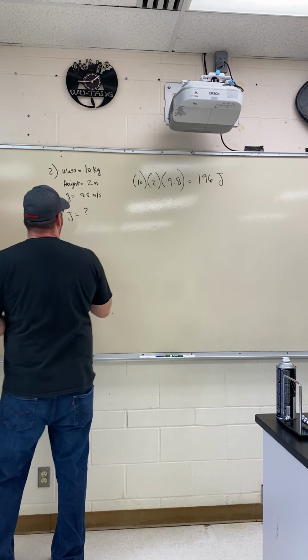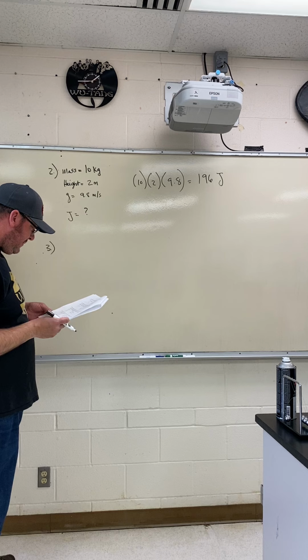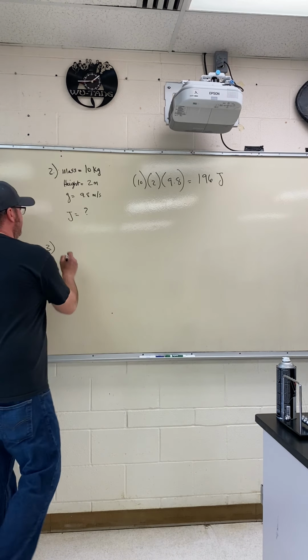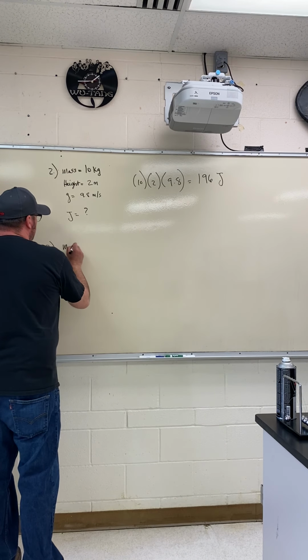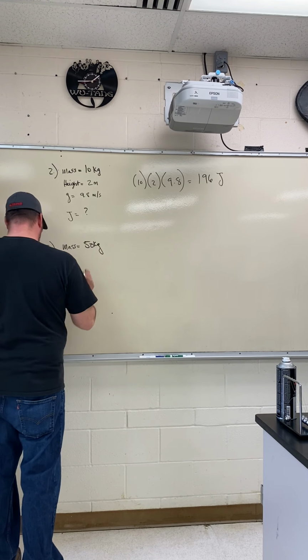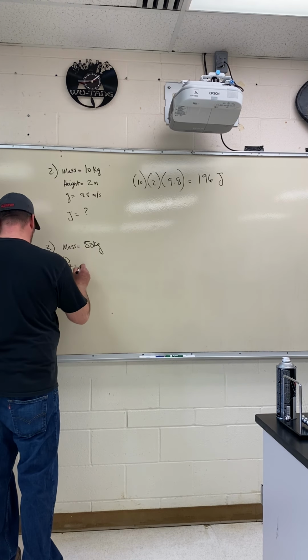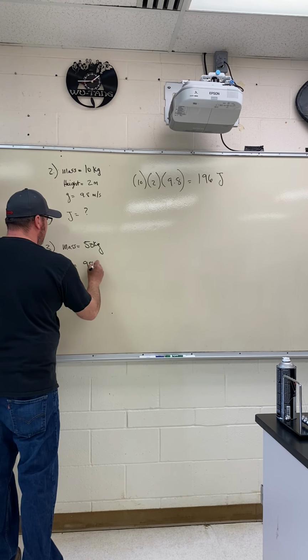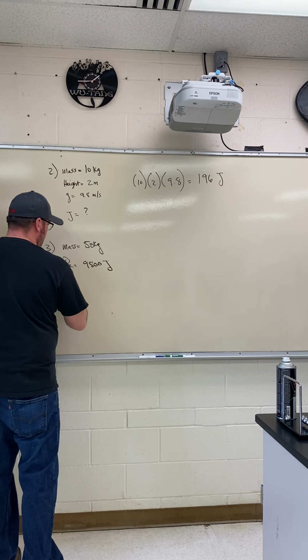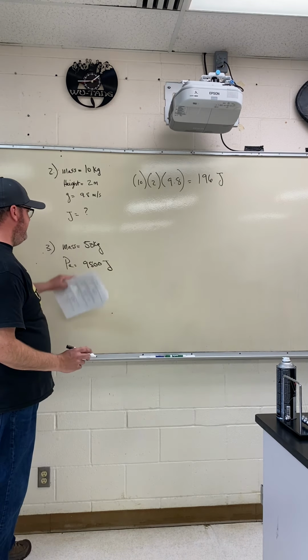Okay. Now I'm going to leave that one up there, and I'm going to move to one which we have to solve for an unknown. So in this one, I'm given the mass. It's 50 kilograms. My potential energy is equal to 9,800 joules. I know G is still 9.8, but my missing thing here is height.